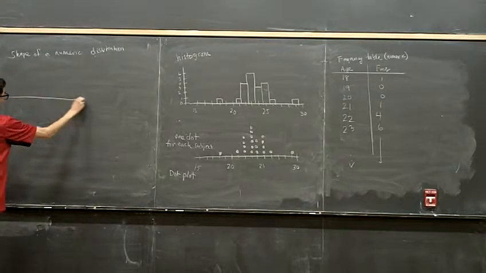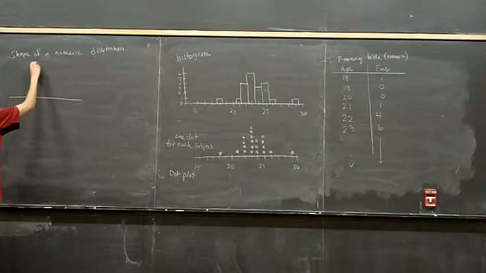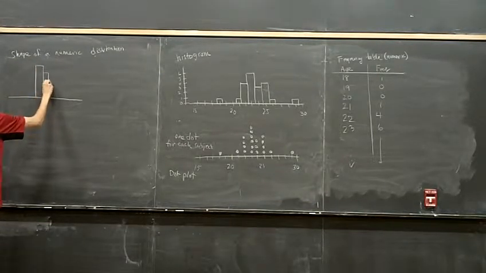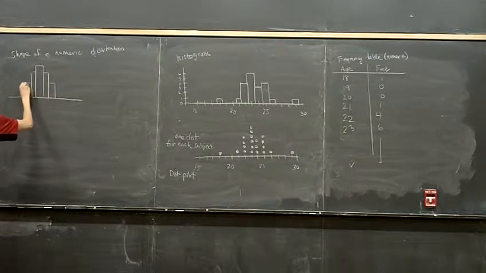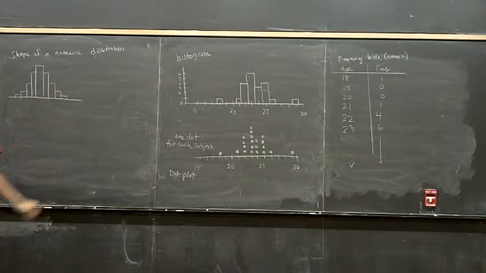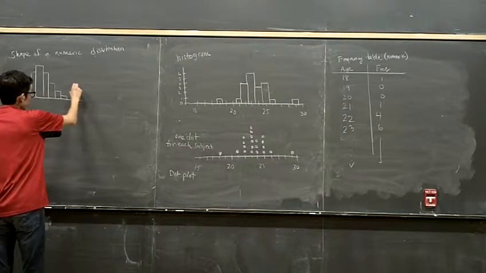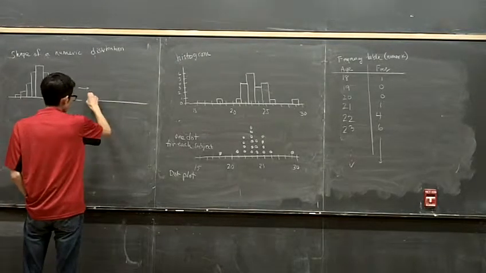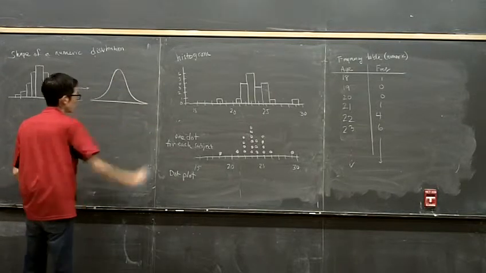So, if I make a histogram, it might look something like this. And if we're too lazy to draw the individual bars, somebody might just say it looks like this.